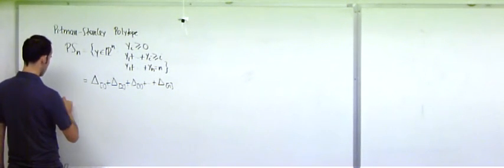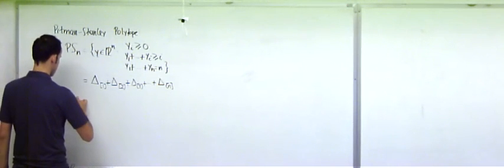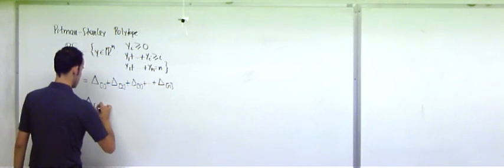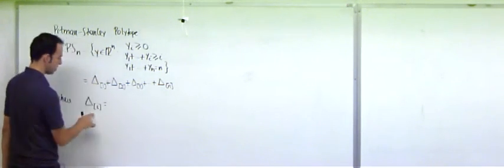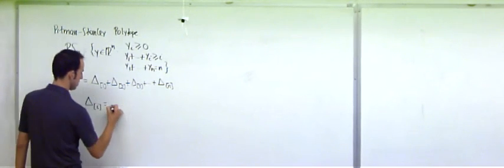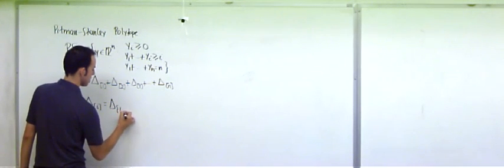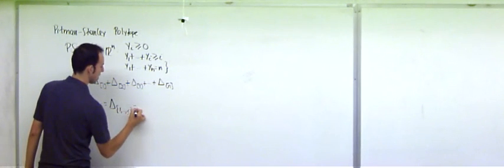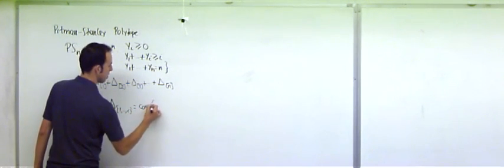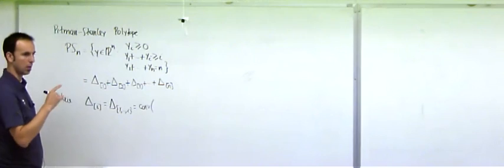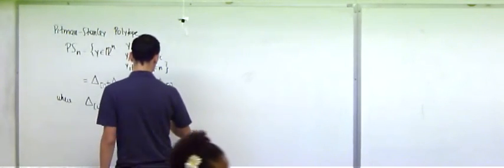And I remind you that this delta, so I in square brackets represents delta of the set from 1 up to I, and this is just the convex hull of the first I basis vectors.